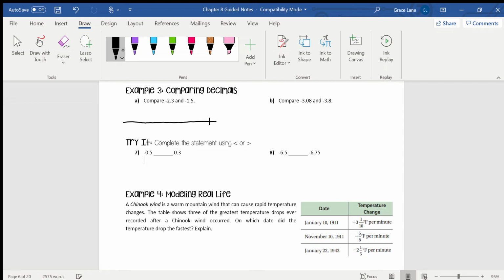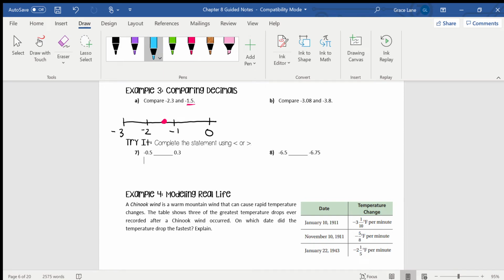And so on the number line, since these are both negative, I'm only going to put negative numbers here. So negative 1.5, which would be negative 1.50, which is negative 1 1/2. So it would be between 1 and 2, right there.